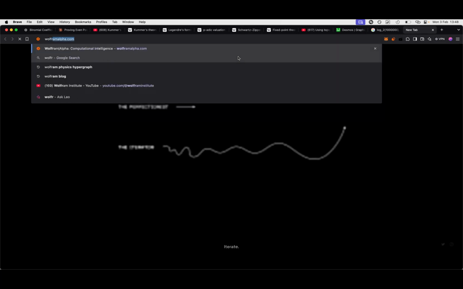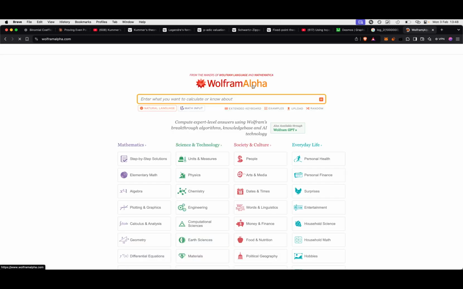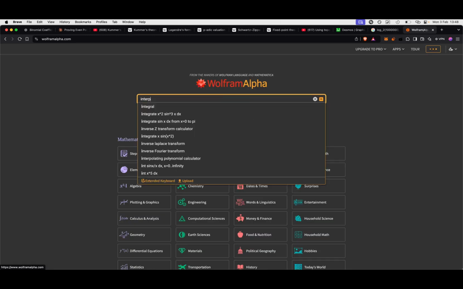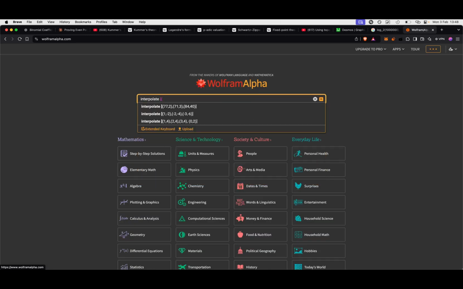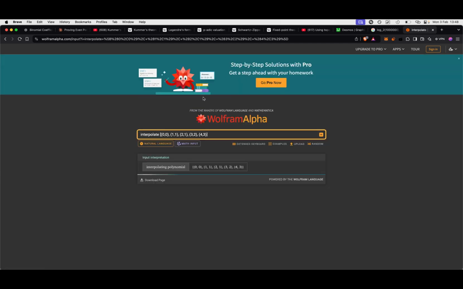Yes, like Wolfram Alpha now. I should have implemented division. If I implement division, then I can just do it with fields. So this is f of x.